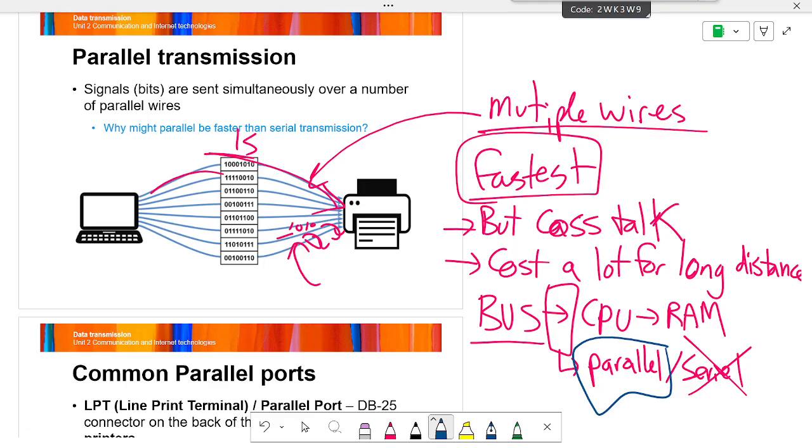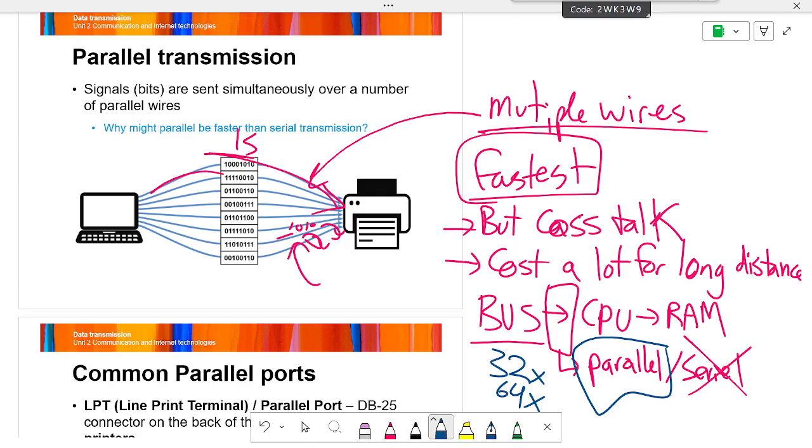By the way, Wendy, how many lines are on the bus system? How many wires on your computer? In the olden days, we had 32. We have 64. Okay, so why parallel? Because it's faster. We need to transfer the data between RAM and CPU fast, so therefore it's parallel transmission. Does that make sense?